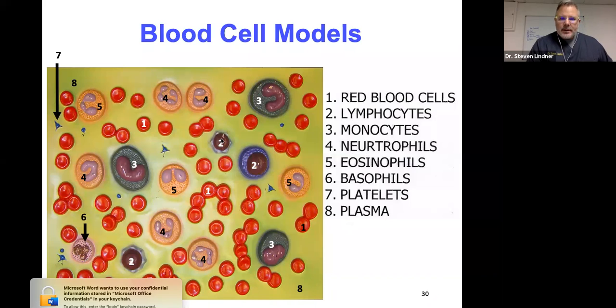Number two, here and here. These are agranular, and the nucleuses are as big as the cell. Those are lymphocytes. Where's number three? Here's a number three, pretty large cell, agranular. The nucleus is kidney bean shaped. That's your monocyte.